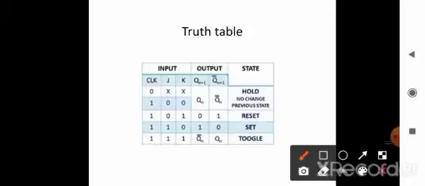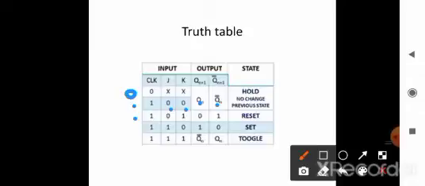The JK flip-flop truth table is: when the clock input is 0, the output will be the previous state only. When it is 1 and you are giving 0 0, then there will be no change.